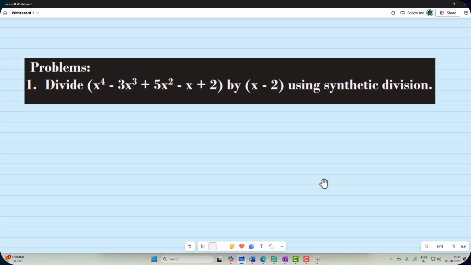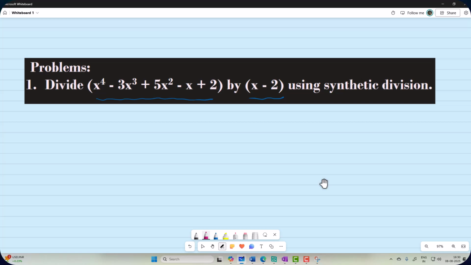Now look at this sum carefully. We are going to divide this polynomial by the first degree polynomial, x minus 2. In today's class I will be discussing dividing a polynomial by a first degree polynomial only. Later on, if required, I will show you how to tackle this kind of division with a quadratic also.